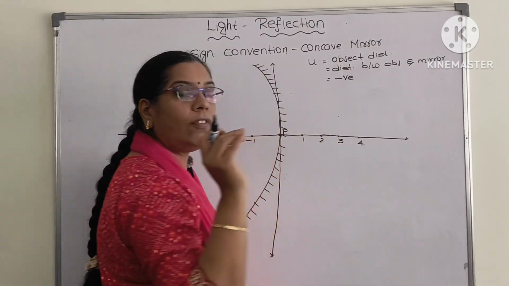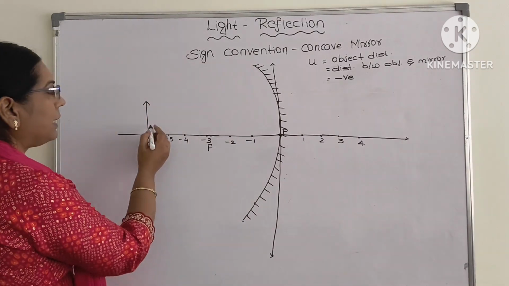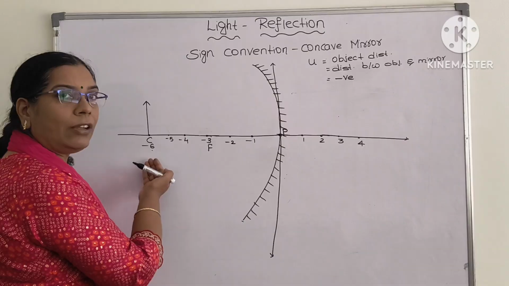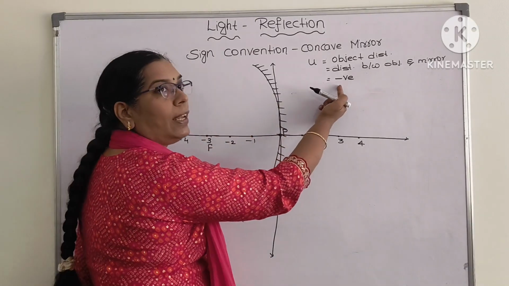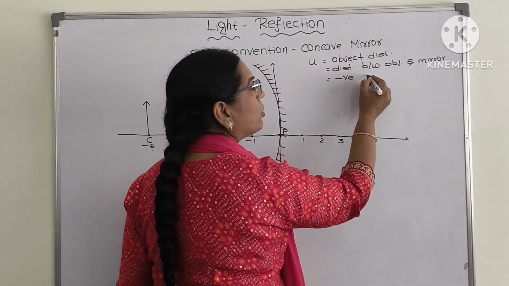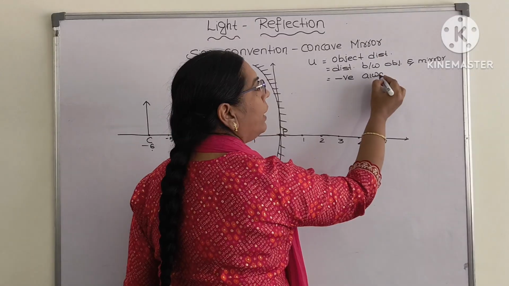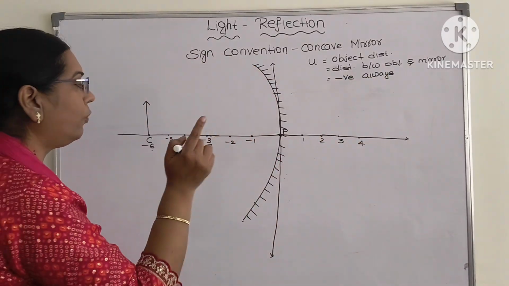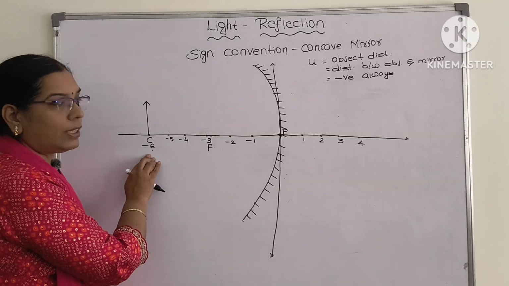It is at a distance of 6 centimeters. And since it is on the negative x-axis, u will always have a negative sign. Whatever is the condition, you will always have a negative sign.